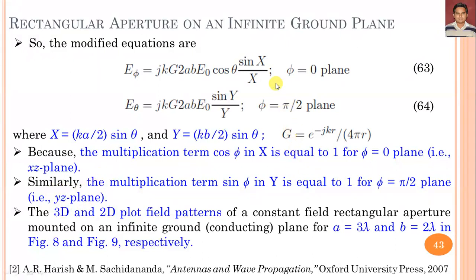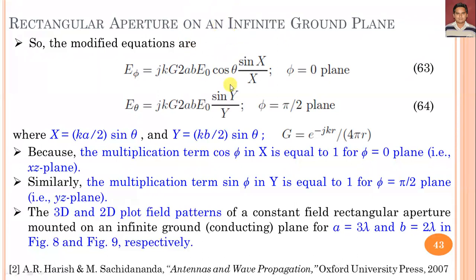So the second important analysis you can get is that the E of phi component is dependent on A, because x is dependent on the A value. So E of phi is dependent on A, and E of theta is dependent on B. So what is the difference between the infinite ground plane and the free space current distribution of a rectangular aperture?